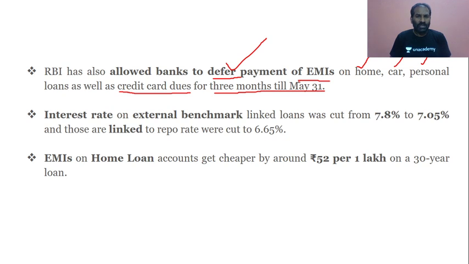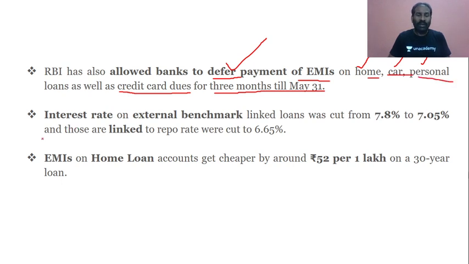Because of the shutdown, there was no production and there is no demand and supply happening now. Because of the supply shock caused by the COVID-19 pandemic, there would be a problem for those who have payments on home loans, car loans or personal loans.